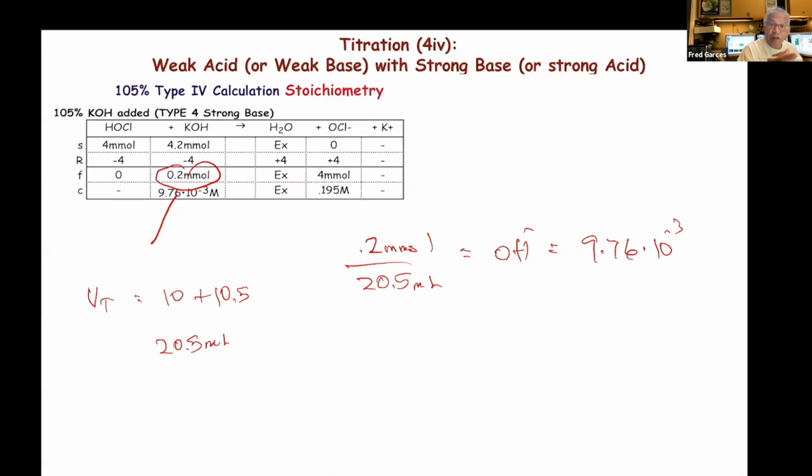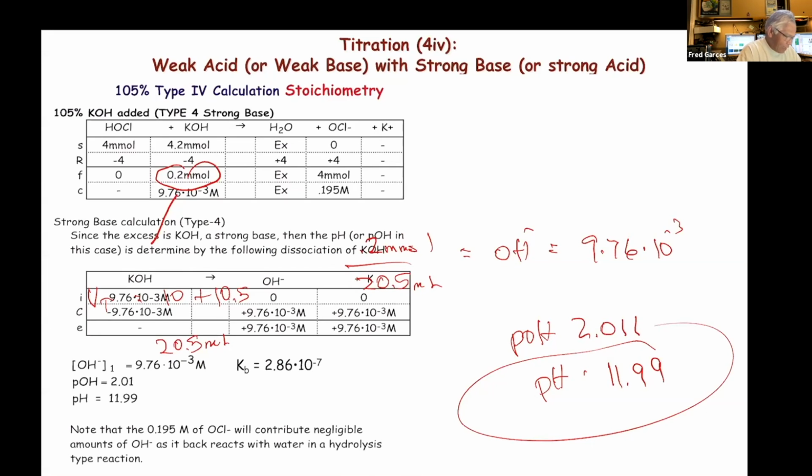If I take the negative log of that, no equilibrium involved now. That's just hydroxide directly. If I take the negative log of that, that happens to be 2.011, okay? But remember, that's pOH. In order to get pH, you got to subtract 14 from that. That's 11.99.